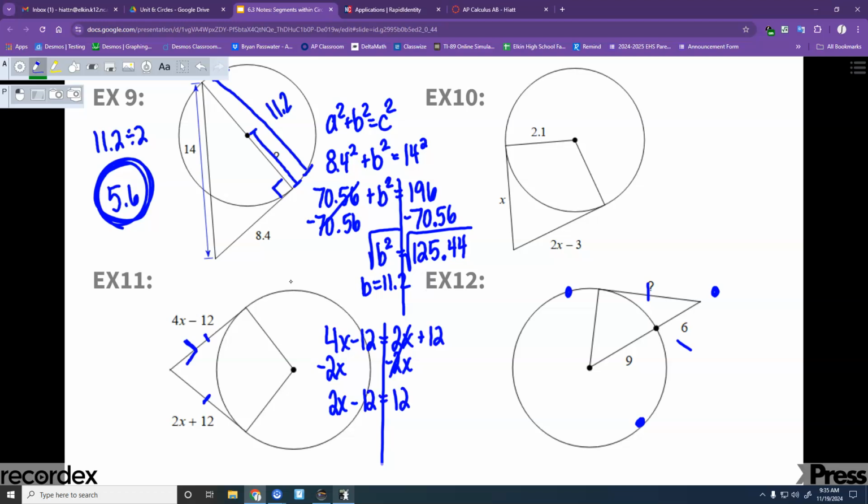Okay, what would be next, Jeremy? Add the 12. Good. So we're adding that 12. So we got 2x equals 24. And then last step, Jeremy, divide by 2. So x equals 12 for that.